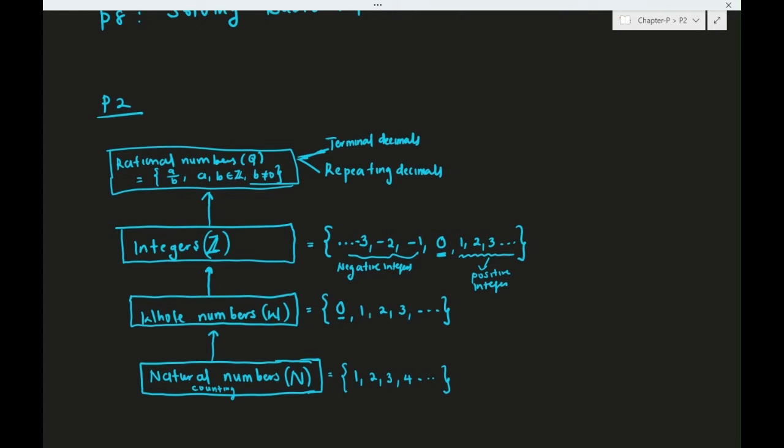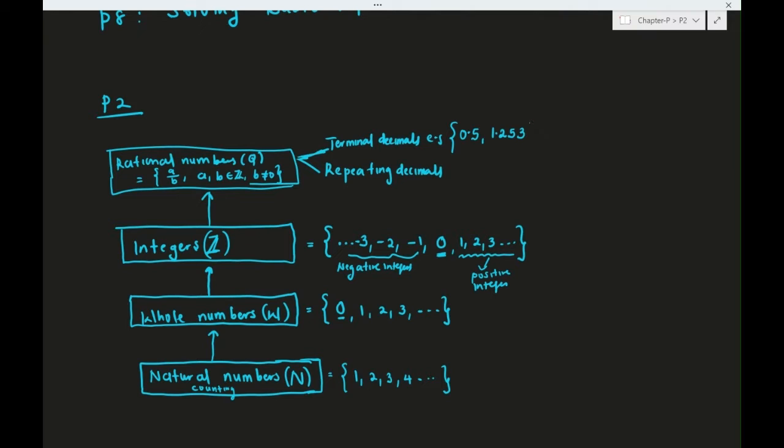Okay, so I'll give us an example. When we talk about the terminating decimal, for example, when you have 0.5, 0.5 is a terminating decimal because after the decimal point you have only one number. Something like 1.253 is also a terminating decimal because after the decimal point, you can count the number of digits, 1, 2, 3, only 3 digits.